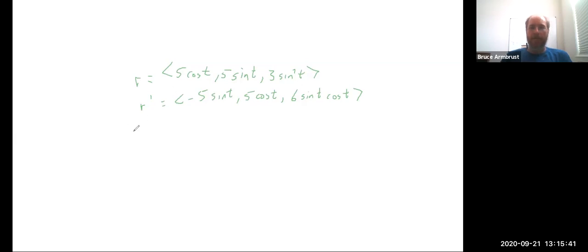So now we need to get the magnitude of this. That's going to be the square root of 25 sine squared plus 25 cosine squared plus 36 sine squared cosine squared. These first two add up to 25.